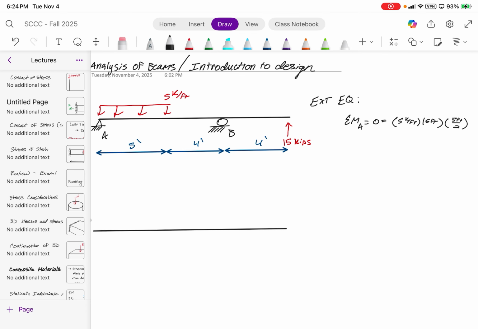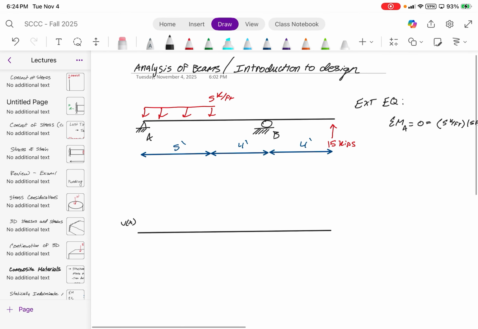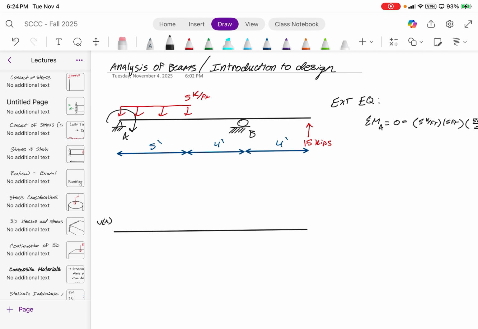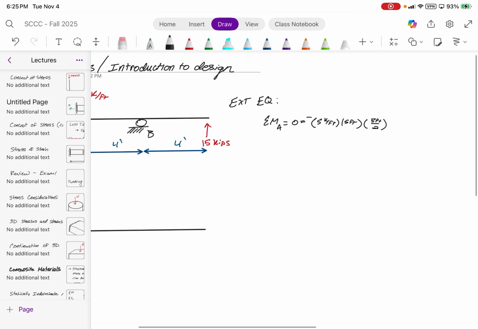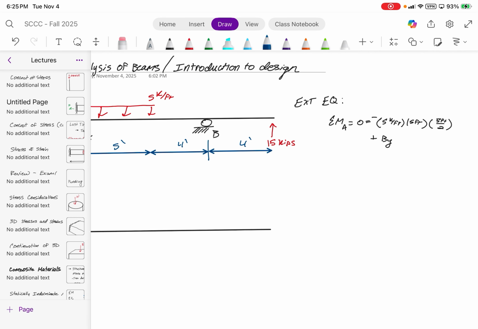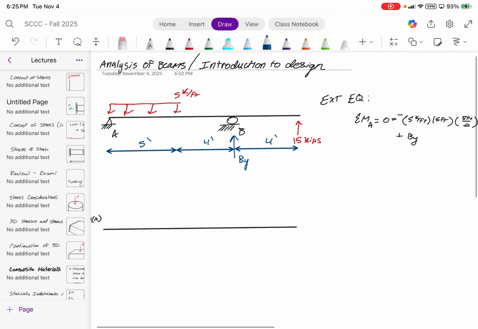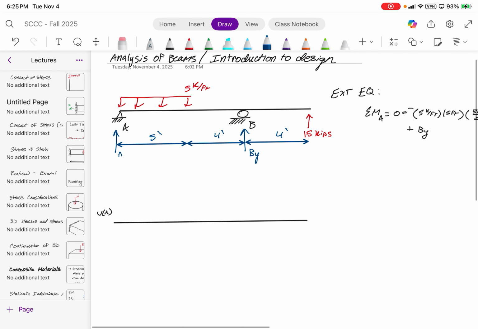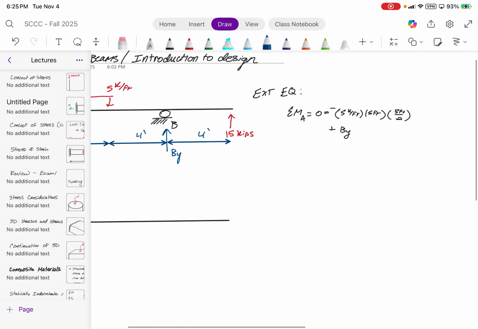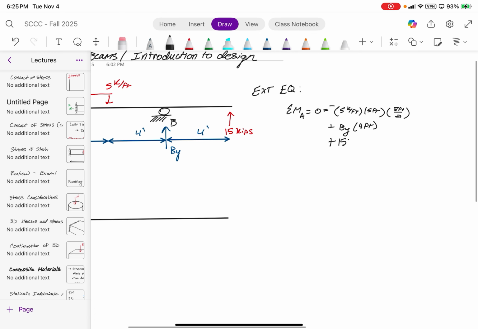And then lastly, this is going to be a negative moment because it is causing a clockwise rotation about point A. From here, you add By, because By is its own vertical force, and Ay. And By is 9 feet away from the supports. And then lastly, you have the 15 kip force multiplied by its perpendicular distance of 13 feet.